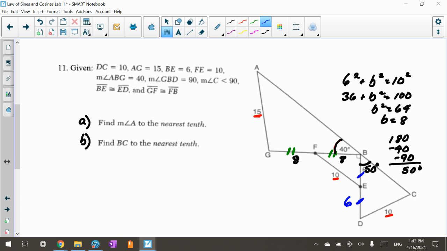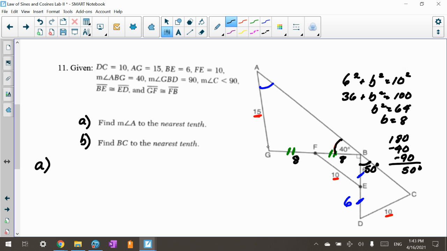Now it wants me first to find the measure of angle A to the nearest tenth. I always like to call this A and B. So here's A. Angle A is in this triangle here. It's not a right triangle, so I can't do SOHCAHTOA.